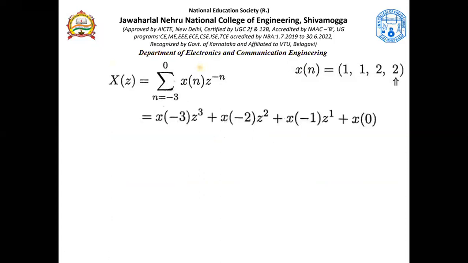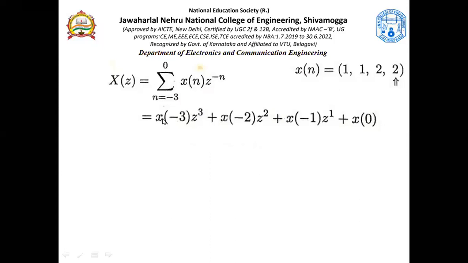In place of x of n, bring x of -3, z to the power minus of -3, that would become z cubed. Then bring x of -2, z to the power of -(-2), that will make it z square. Bring x of -1, z to the power of -(-1), which is z. This is how the equation would look.